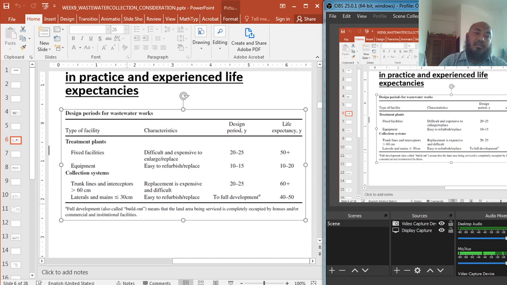And the lateral and main collecting system, less than 30 centimeter, is easy to refurbish or replace, so this is a full develop.